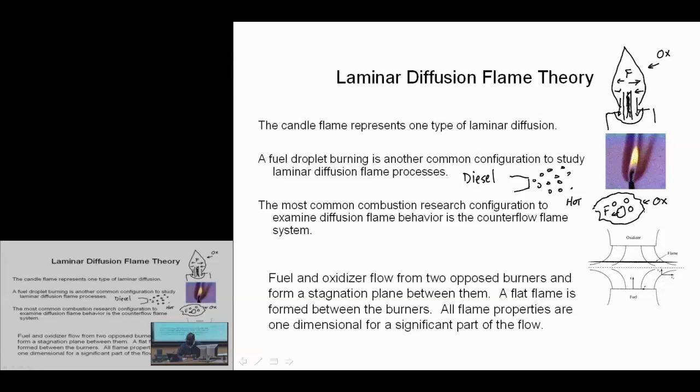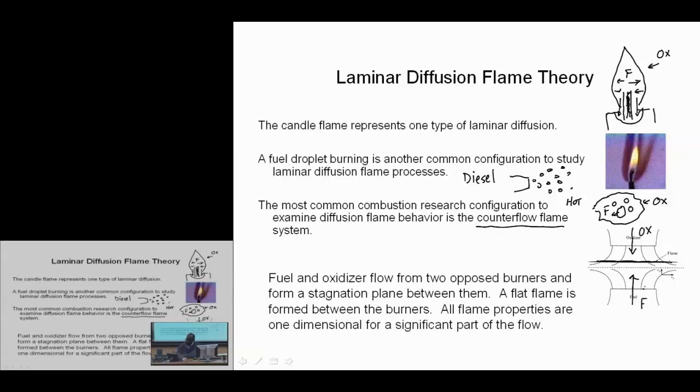Another simple way of looking at diffusion flames is something called a counterflow flame. This is a research configuration where we have an oxidizer flow that stagnates with a fuel flow, creating a stagnation plane, and also allowing a nominally one-dimensional flame to exist between the two flows. What that's useful for is probing the temperatures and species in these flame systems.